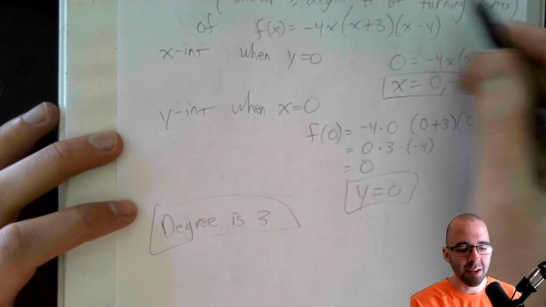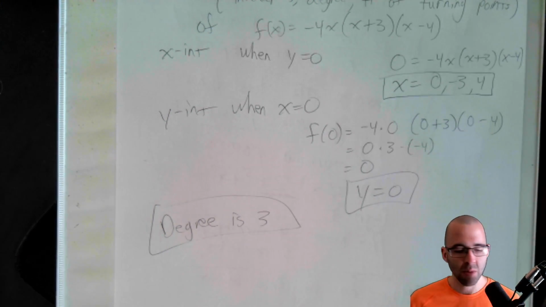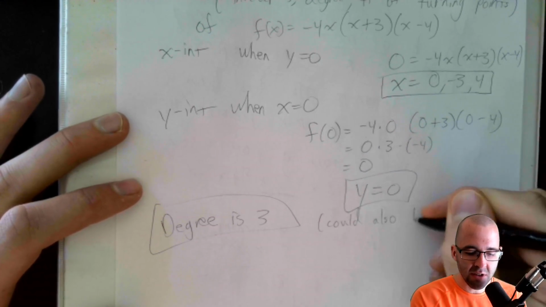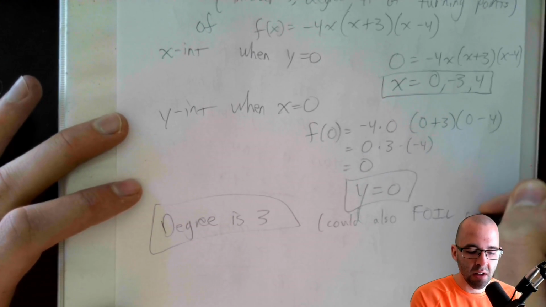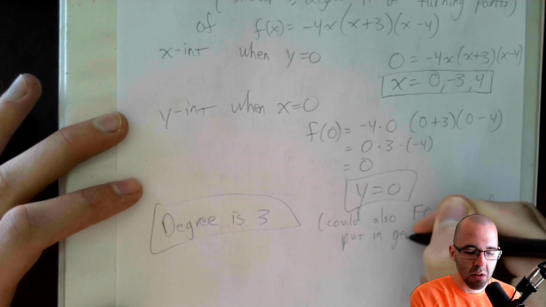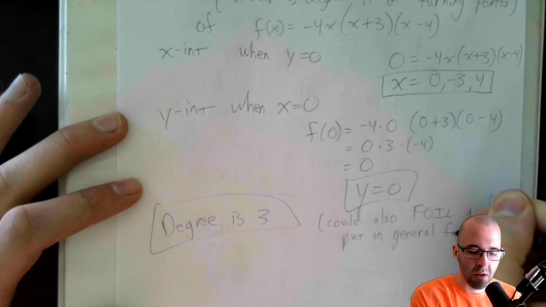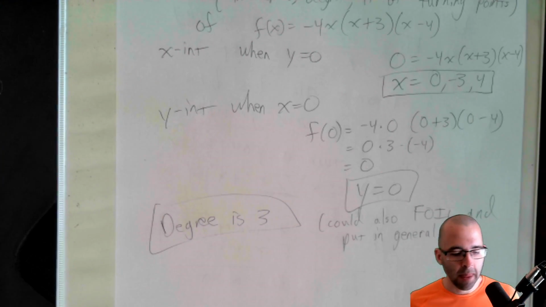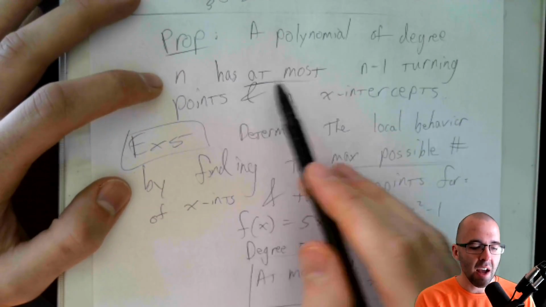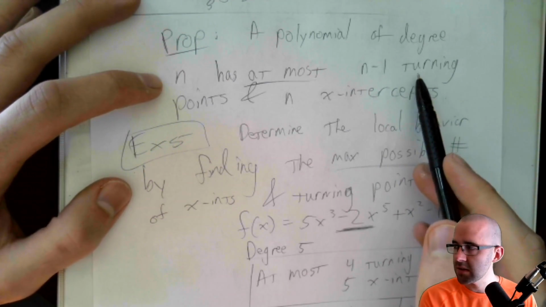Anyway, lastly, we need to say, what is the maximum number of turning points? Also, by the way, you could also FOIL this and put it in general form. Yep, exactly. We use our property. Our property says a polynomial of degree n has at most n minus 1 turning points.